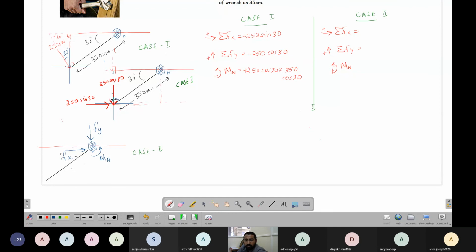ഇത് വളരെ കറക്റ്റാണ്. 350 cos 30 എന്ന് പറയുമ്പോൾ ഇതാണ് ഫോഴ്സ് ഇൻറ്റു പെർപെൻഡിക്കുലർ ഡിസ്റ്റൻസ്. അടുത്തത് ഇനി ഇത് കാരണമുള്ളത്.